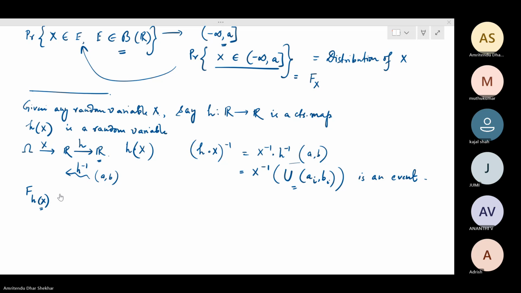Just give me a moment. Assignment one, problem number 5. I don't want any solution, just check whether any one of the options is correct. Oh, I have to solve that now. That would be difficult for me to solve right now.